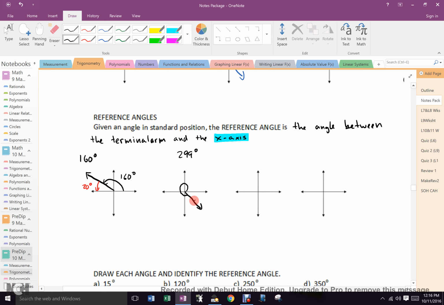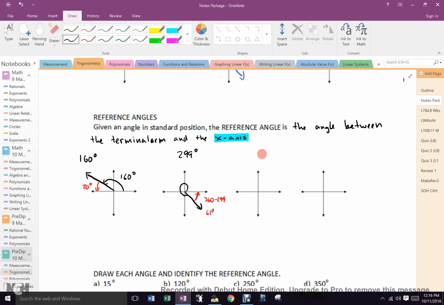It's right in here. How do I find it? Why is it 61? Because that's 360 minus 299 to get 61 degrees. Is everybody cool? All right.